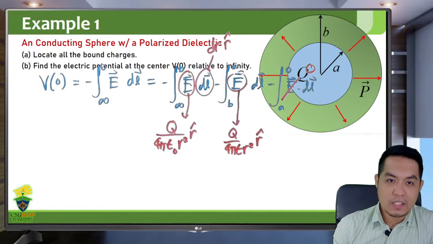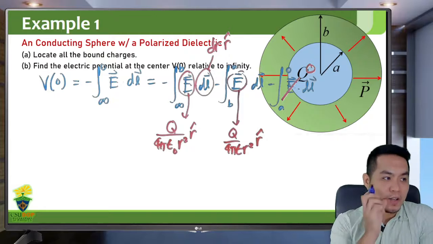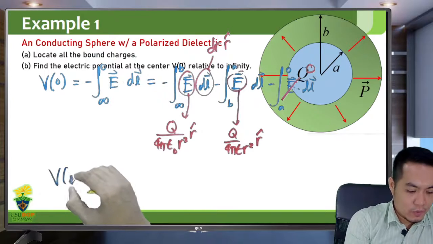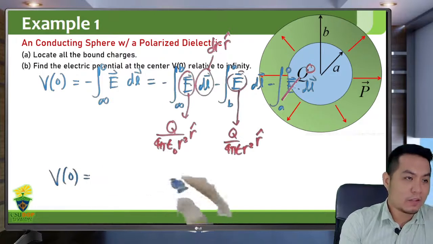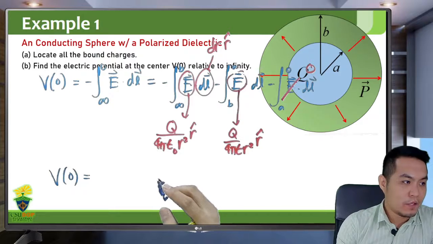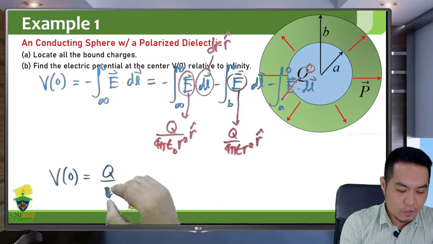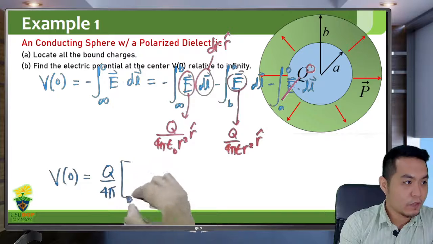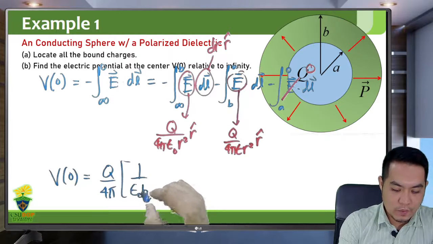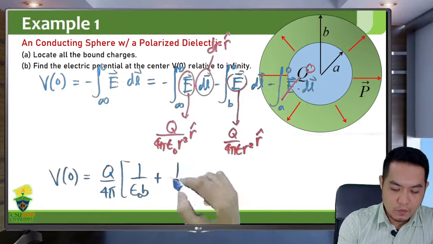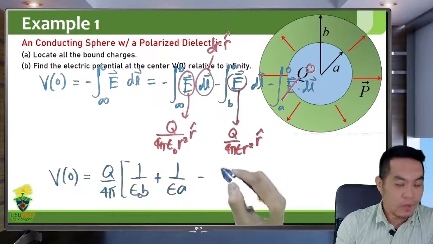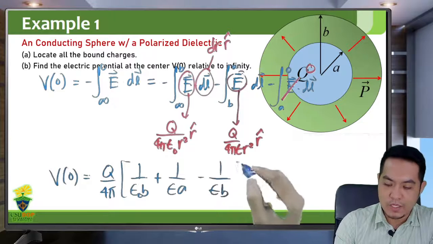So that's just a very easy integral. You do that and you will get the potential at the center of the sphere as Q over 4 pi times 1 over epsilon naught B plus 1 over epsilon A minus 1 over epsilon B.